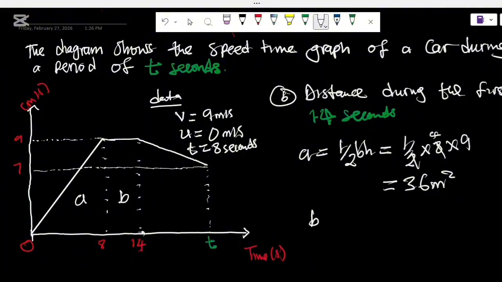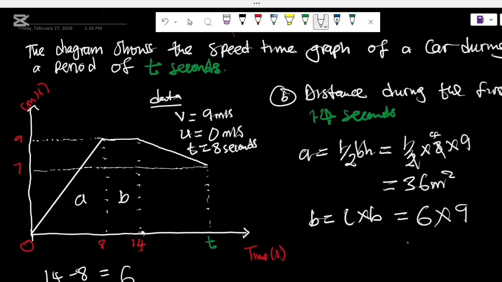Now for B, you notice that this is a rectangle, so it is LB. What is the value of this length from 8 to 14? Well, this is actually 14 minus 8, which is 6. So the length here is 6 times the same height, which is 9.